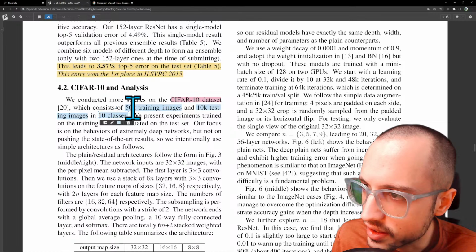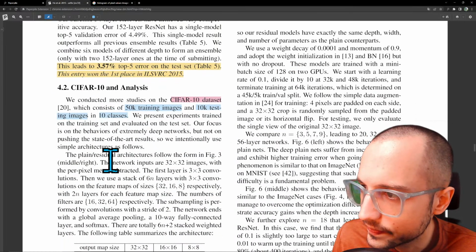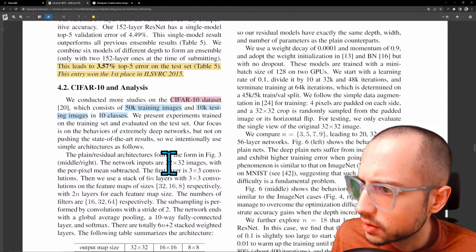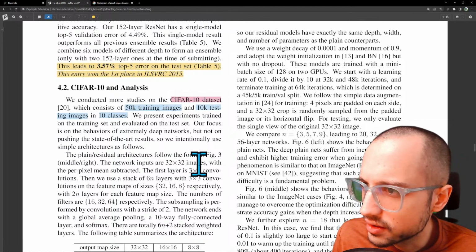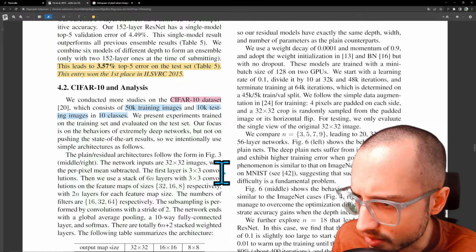So CIFAR is significantly easier than COCO, for example, or ImageNet. 32 by 32, I thought. Oh, MNIST is 28 by 28. CIFAR is 32 by 32.